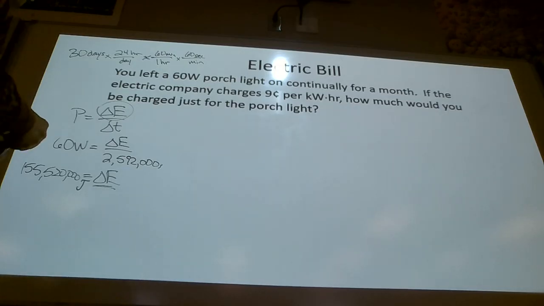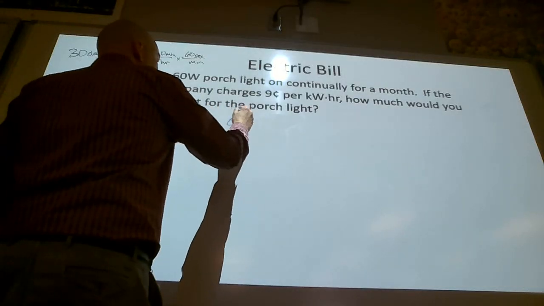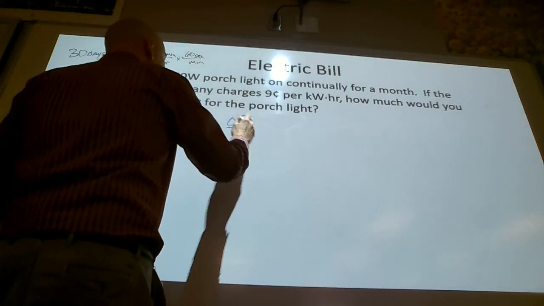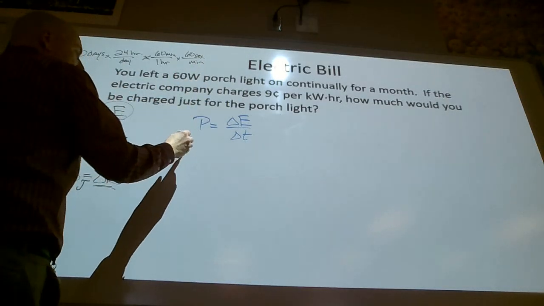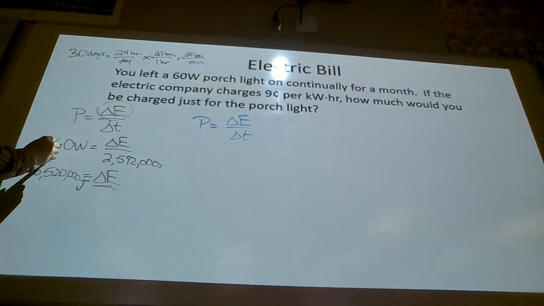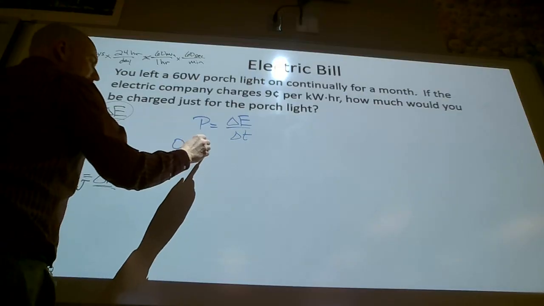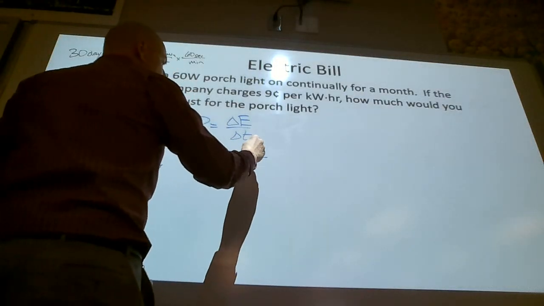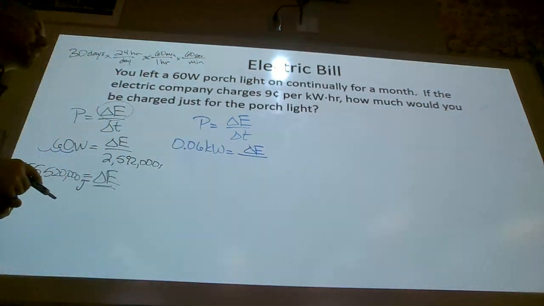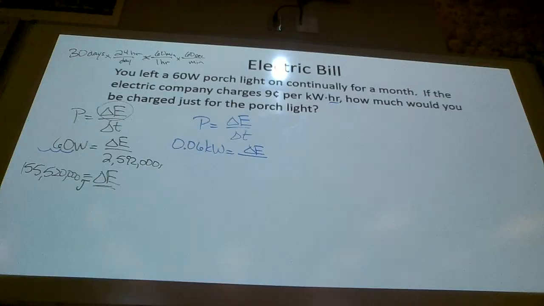So we're going to be using the same equation, but we are going to be converting your power to kilowatts. So divide by 1,000. So 0.06 kilowatts. What do you think we're going to convert our time to? Hours.